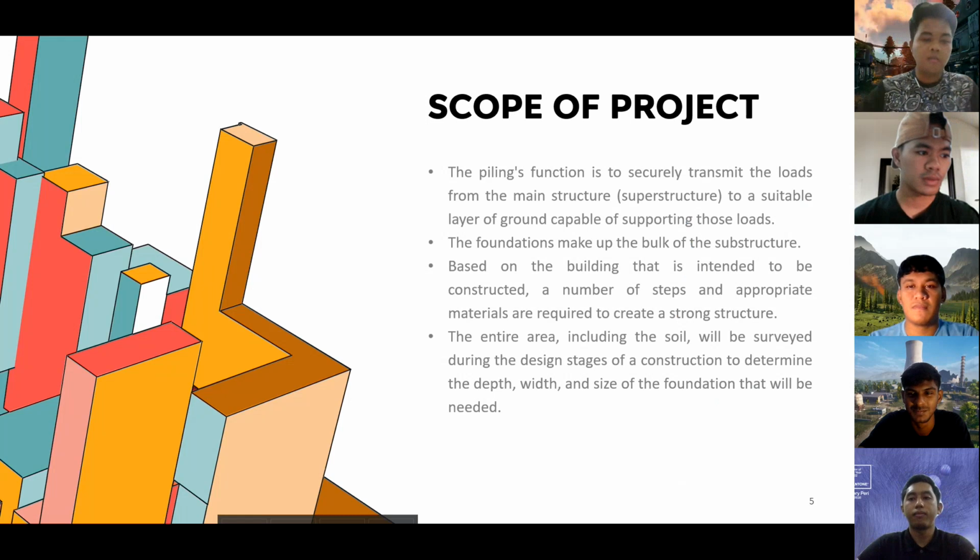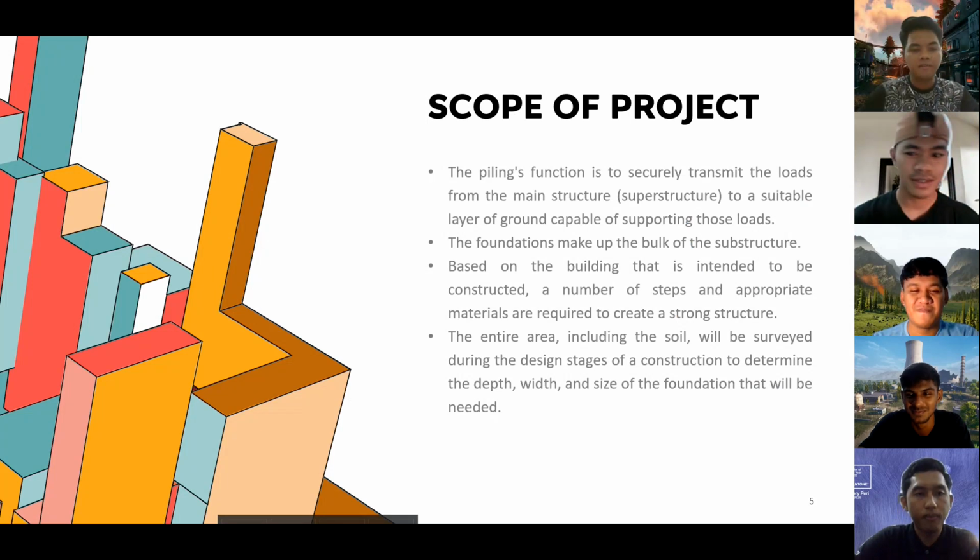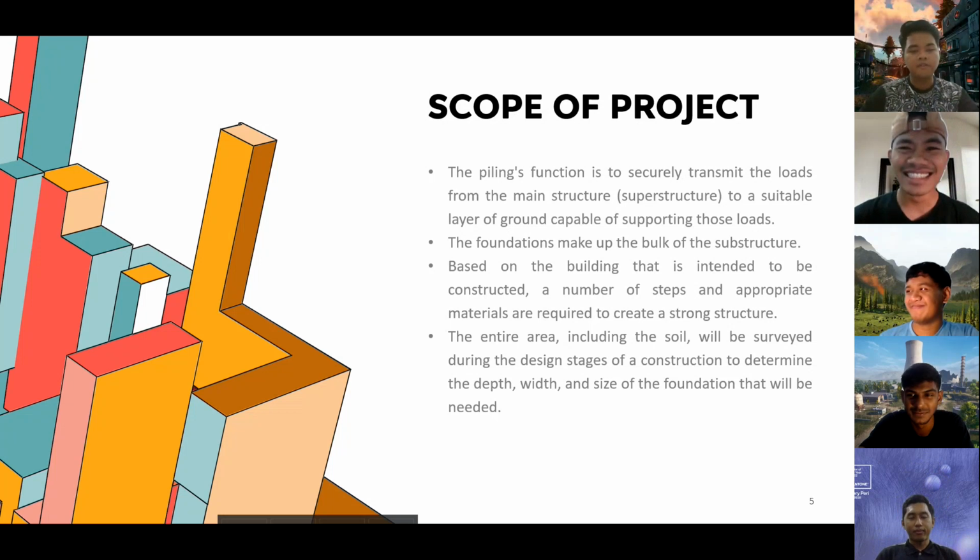Thank you, Hafiz. I will talk about the scope of the project. We have 4 points. The first point, the piling function is to securely transmit the load from the main structure, the superstructure, to a suitable layer of the ground capable of supporting the load. Point two is the foundation makes up the bulk of the substructure.